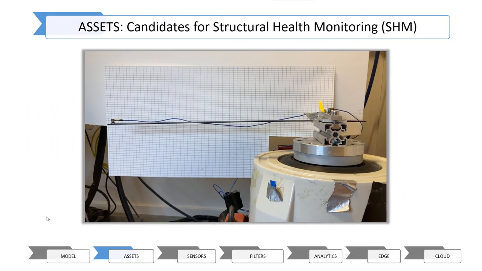Here you can see what happens when the sine sweep excitation frequency passes through eigenfrequency number 1. Then the corresponding mode shape number 1 will start to oscillate and you will have resonance.